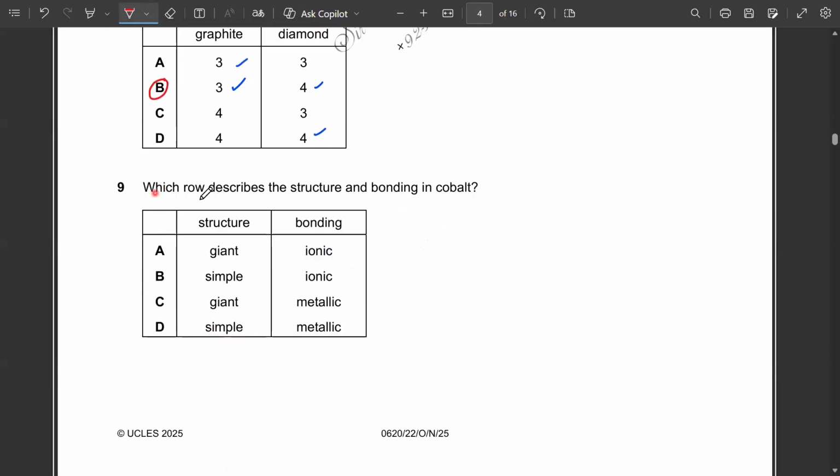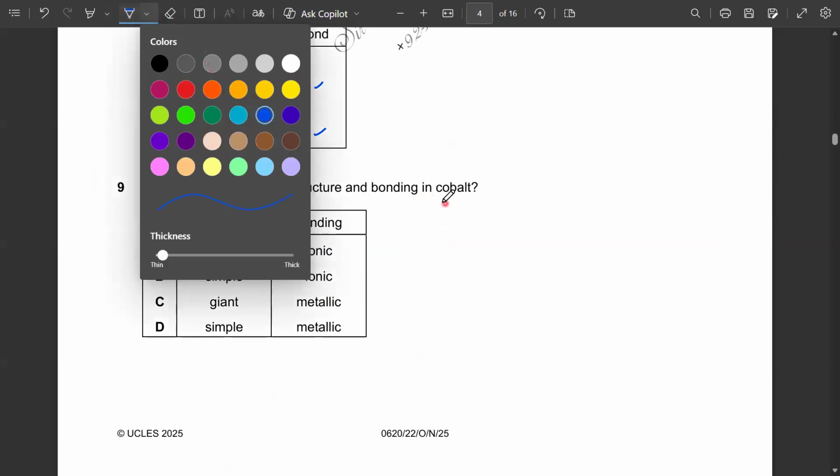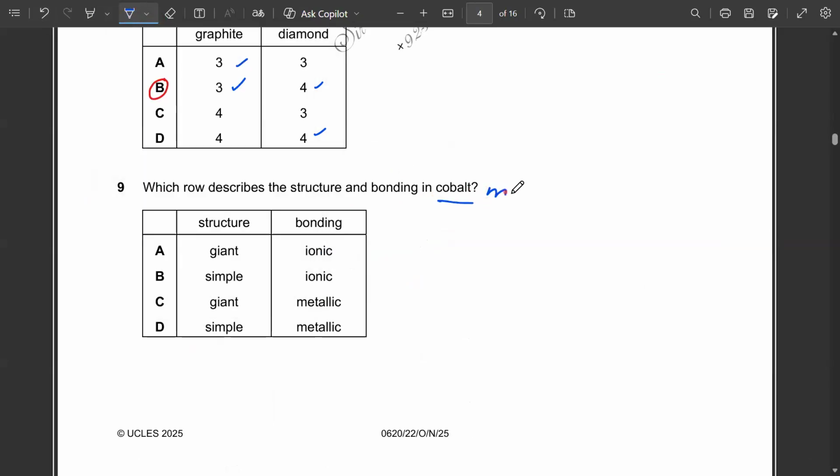Number 9, which row describes the structure and bonding in cobalt? So cobalt, we know it's a metal, so we will look into the information related to the metallic lattice. All the metallic and ionic substances are considered to be giant structures, like ionic and metallic.